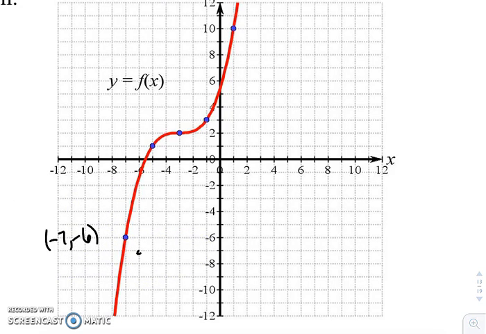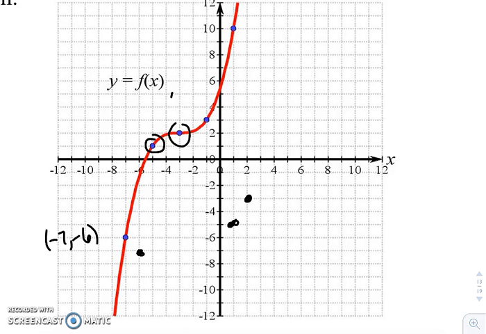This point here is -5, 1. So we have 1, -5. Our next point is -3, 2. So we have 2, -3.